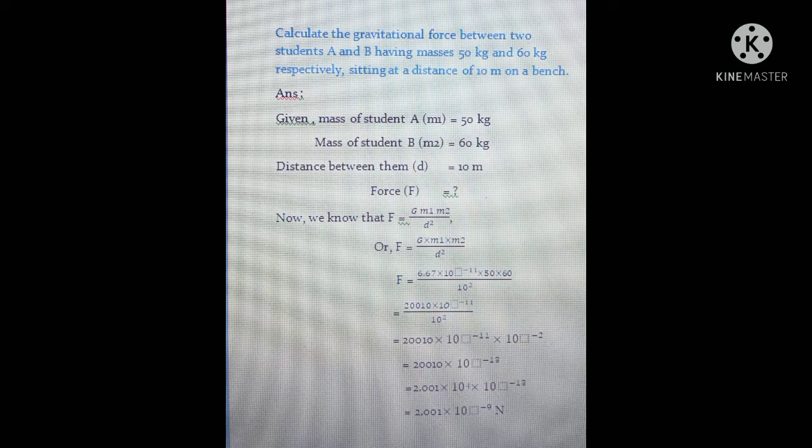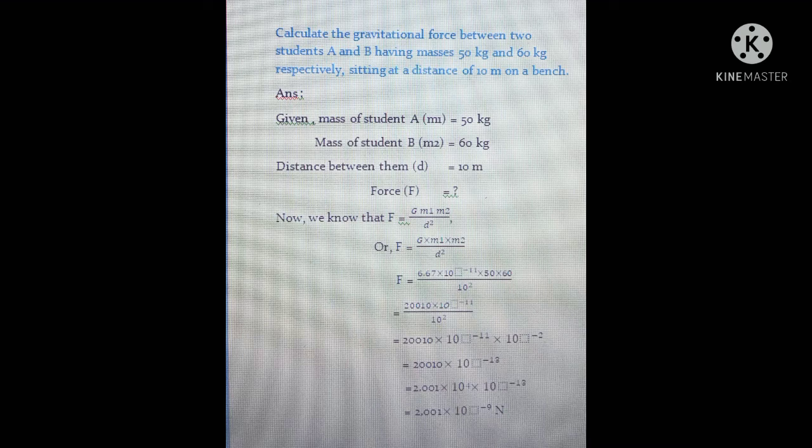Now for our convenience, we'll multiply the smaller terms like 6.67 with 50 and again multiply it with 60. We'll leave the power of 10 as it is. So when we multiply 6.67 into 50 into 60, we get 20010, times 10 to the power minus 11 as it is, divided by 10 square.